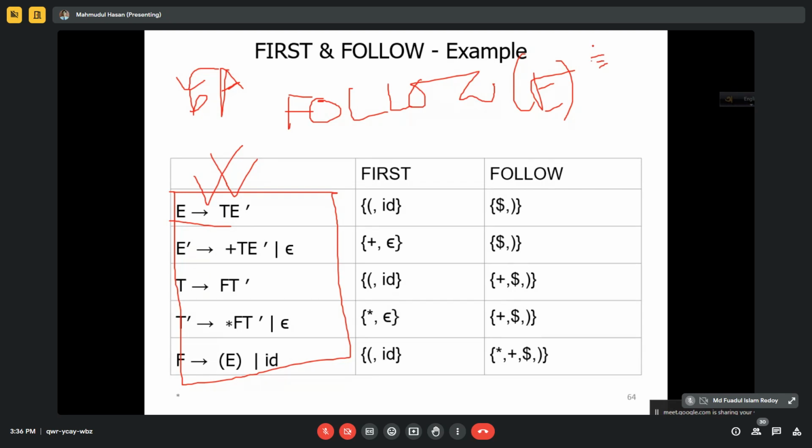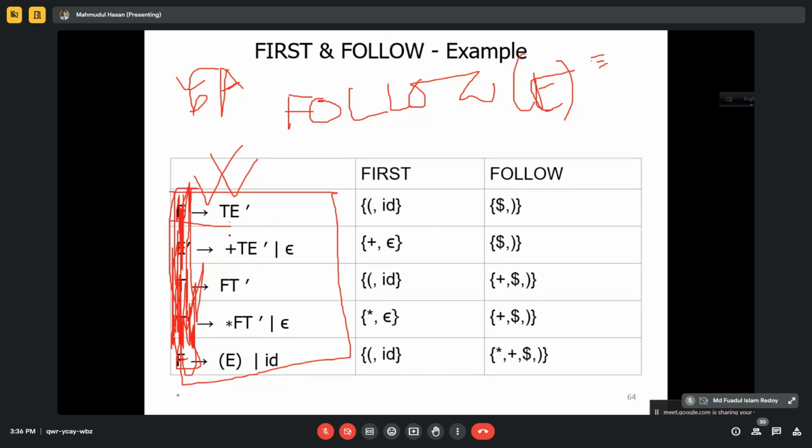Okay, so at first we are trying to find the follow of E. When you are trying to find the follow of E, just think there is nothing in the left hand side. Our goal is to find the follow of E. Now look at the right hand side.